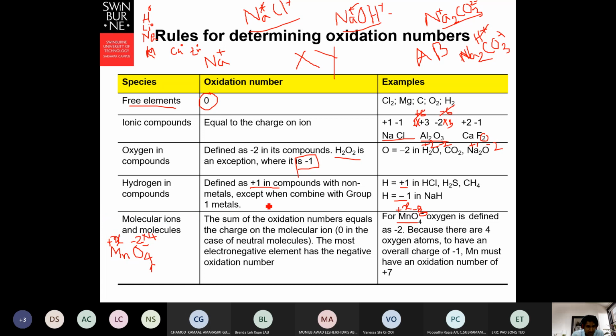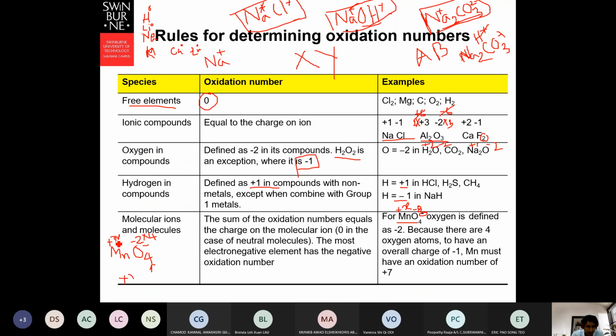The sum of total oxidation number should be 0, as in sodium chloride, 1 plus 1 minus 1, total is 0. Sodium hydroxide, positive 1, negative 1, 0. Sodium carbonate, positive 2, negative 2, 0. So altogether it should be 0.